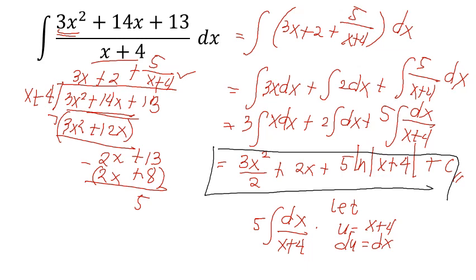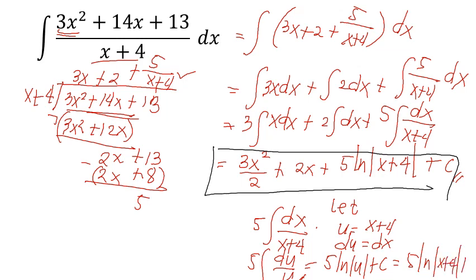So if we will try to substitute this one in terms of u, so we have 5, this is equal to du all over u, and this equation here has a basic integration formula solution. So this is equal to 5 ln of u plus c. So this is equal to 5 ln of x plus 4 plus c, right? So we get this one.